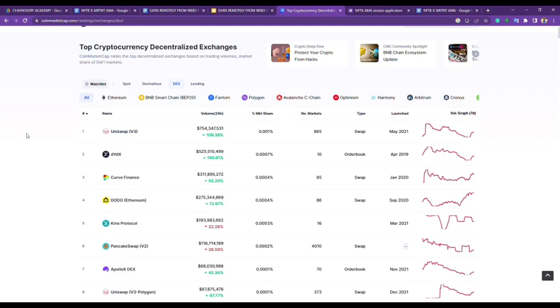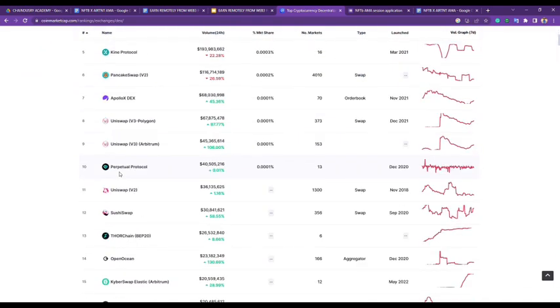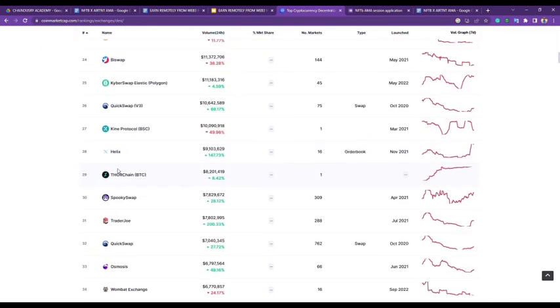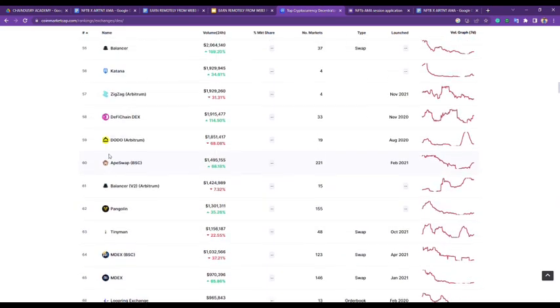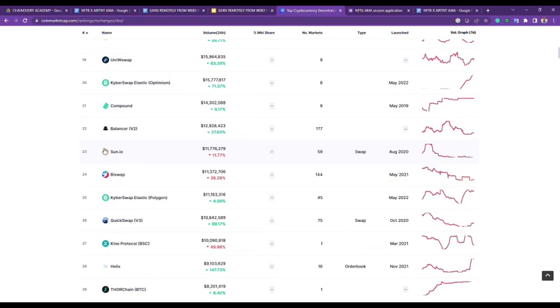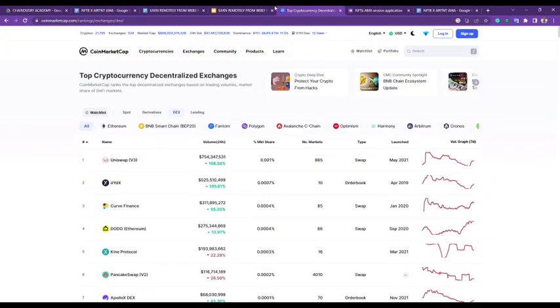Uniswap, dYdX, Curve Finance, all these are typical examples of decentralized exchanges that allow you to swap your cryptocurrency for another cryptocurrency directly from your wallet. You don't need to deposit through a centralized exchange to complete this process.